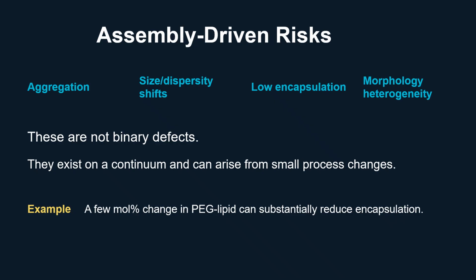A good example is PEG-lipid. Increasing PEG by just a few mole percent can reduce RNA encapsulation, even though everything else looks unchanged. So that's why parameters that seem minor can end up dominating particle behavior in practice.